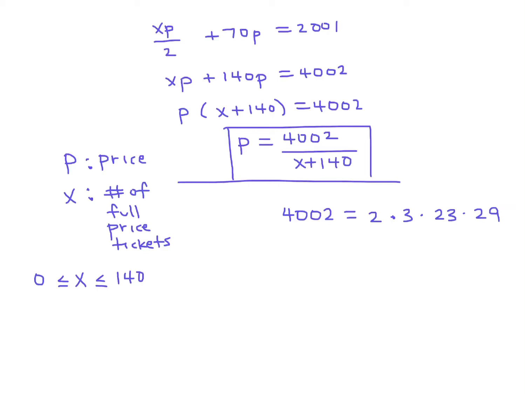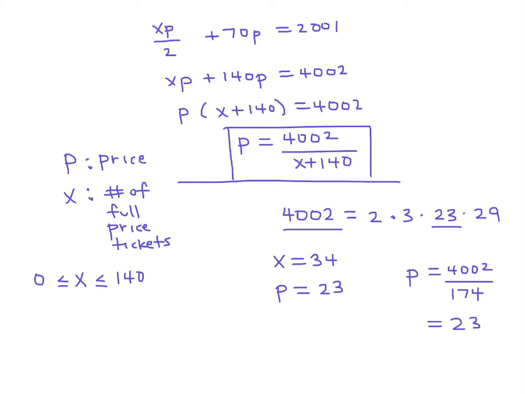You'll notice that when X is 34, this will give you an integer value for P. P will become 23. And you can verify this because 23 is one of the prime factors. So when X is 34, P is equal to 4002 over 174, and 4002 divided by 174 is 23. So factoring out 4002 and doing a little bit of plugging in and trial and error, we'll be able to figure out the solution by inspection.